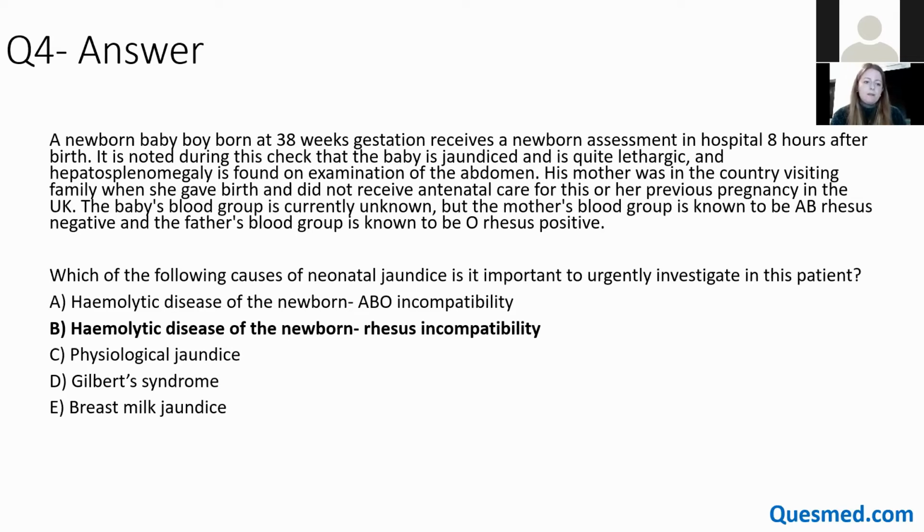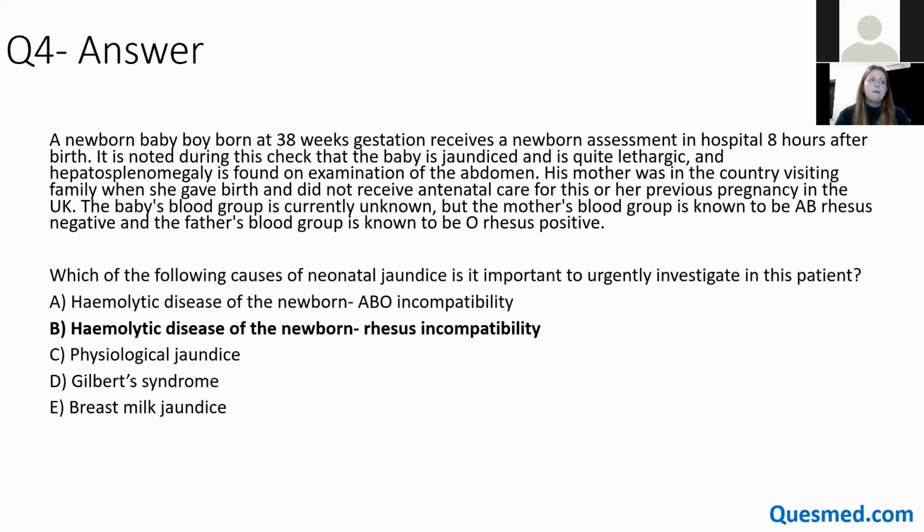If we go briefly through each of them, hemolytic disease of the newborn is a key thing to be aware of when you're thinking about jaundice in the first 24 hours. Whether it's ABO incompatibility or rhesus incompatibility, you can deduce based on the history here. The mother's blood group is AB, so she's not going to develop antibodies to A or B, therefore it's really unlikely to be ABO incompatibility.